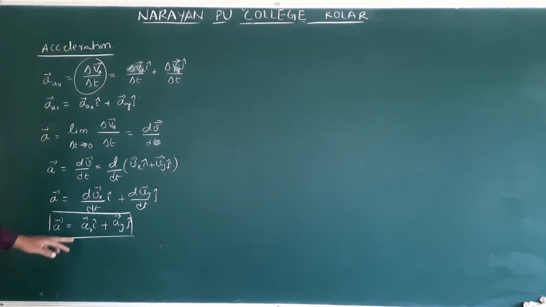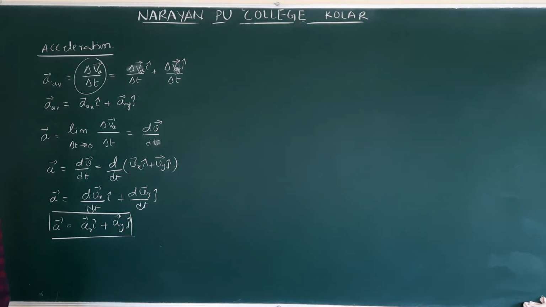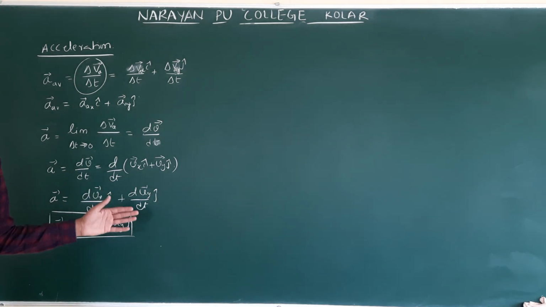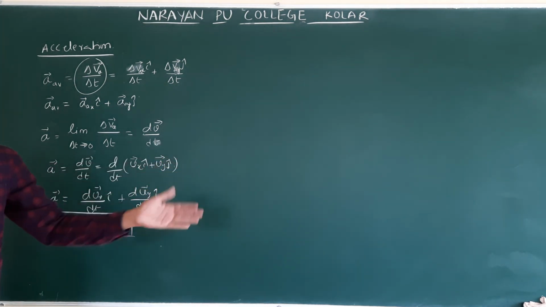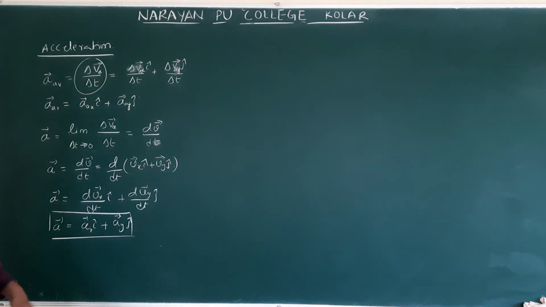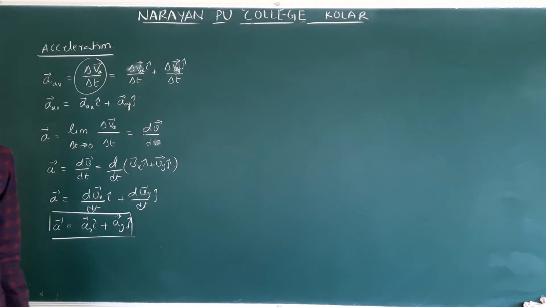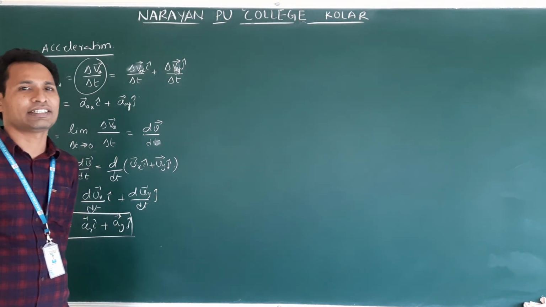So the changing velocity vector, that is nothing but acceleration, always acts between 0 to 180 degrees to the velocity vector. Clear? In straight line motion it is in the direction or opposite direction, only two directions are there. But in two-dimensional motion, it varies from 0 to 180.